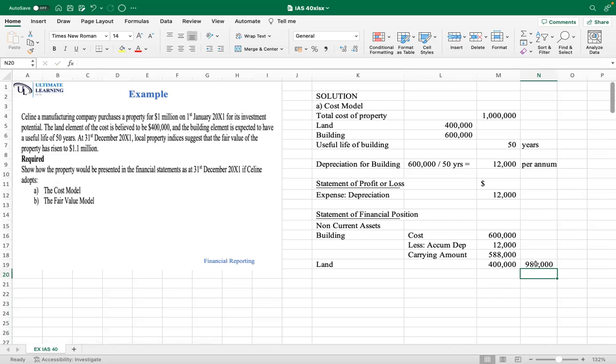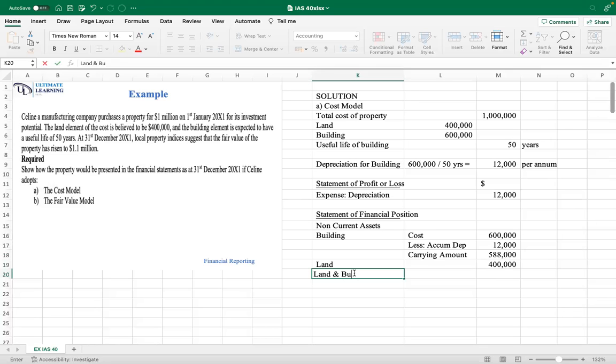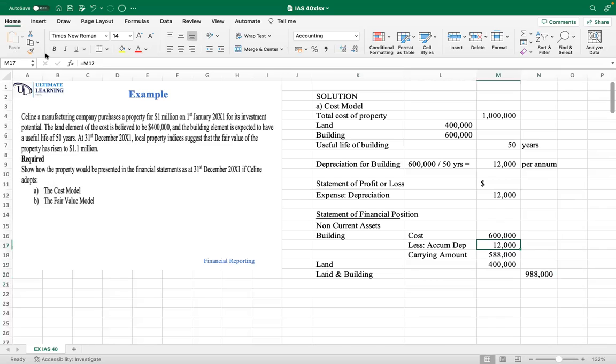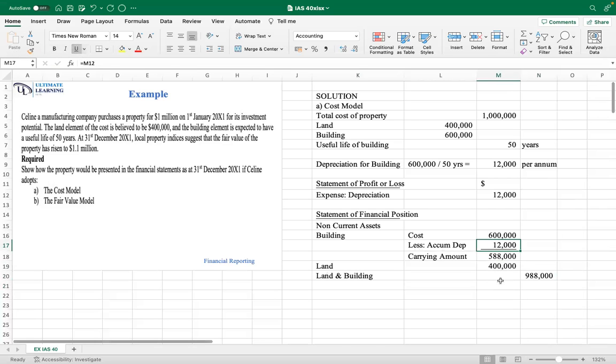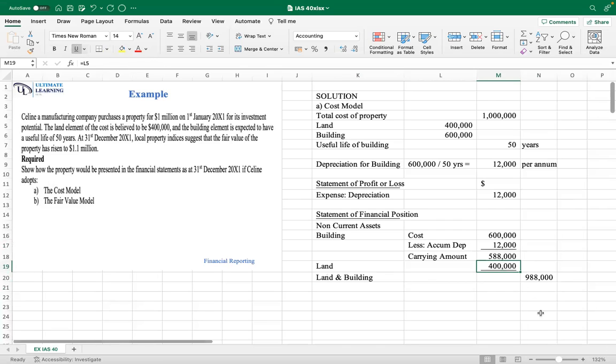So land and building, the total value becomes 588 plus 400. So we are done with the cost model. So under the cost model, the accounting treatment is the same as under depreciation.